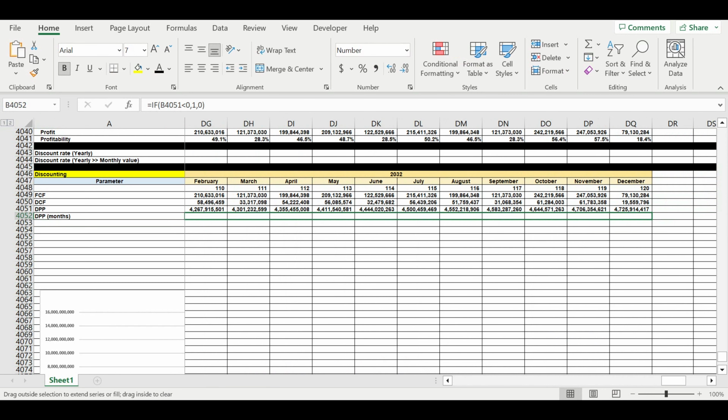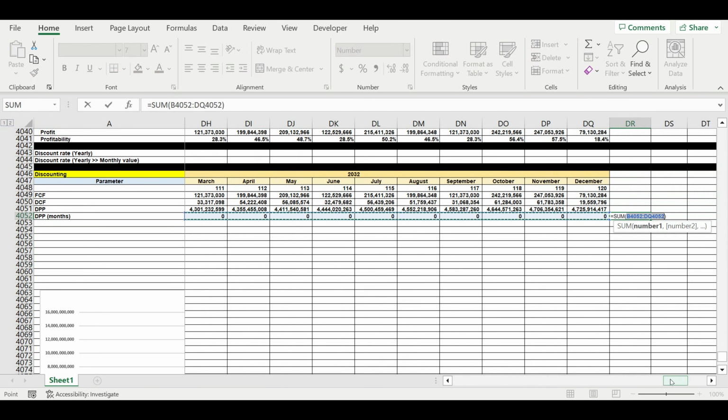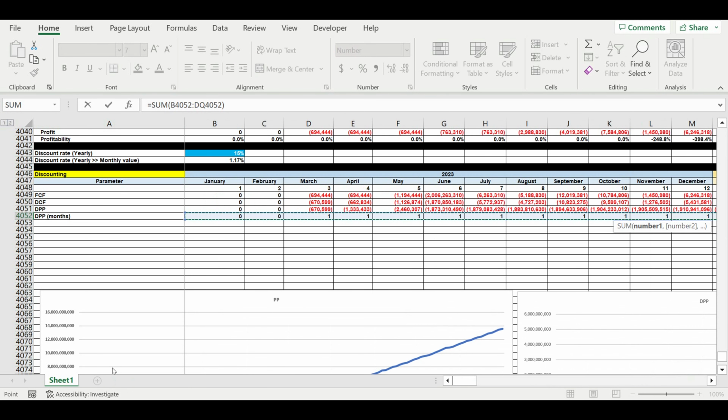Then I will create the totals for this line. And now we know that the discounted payback period equals 49 months.